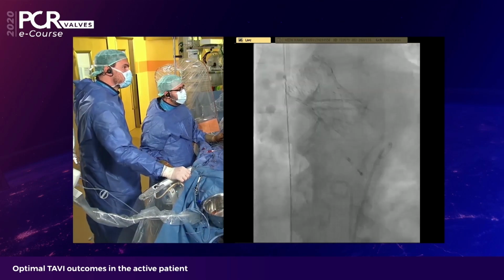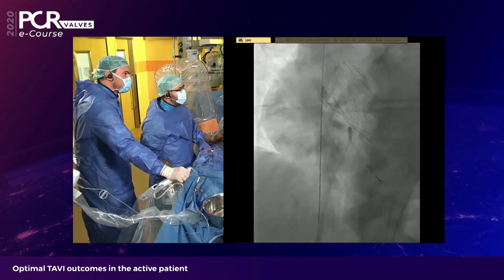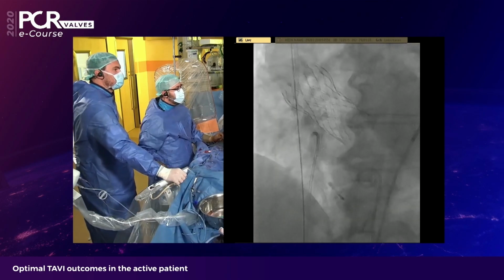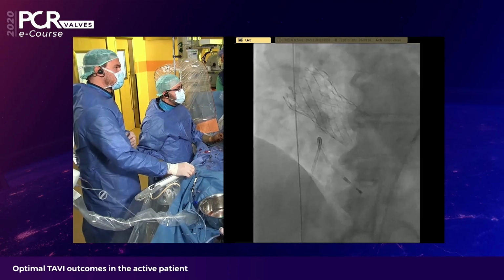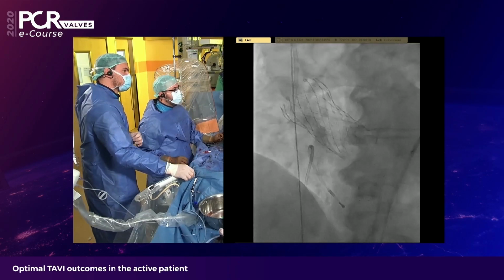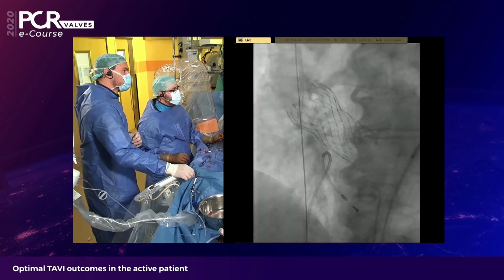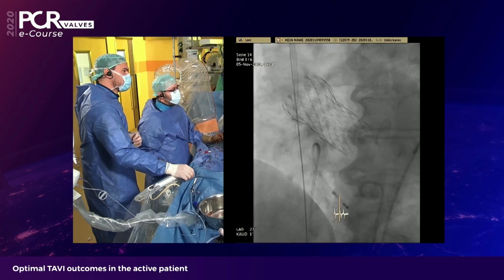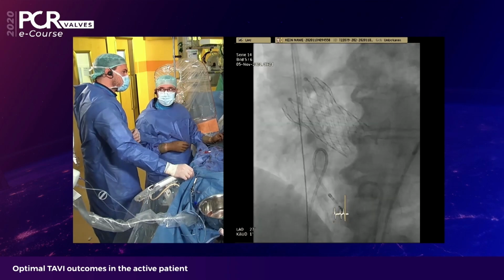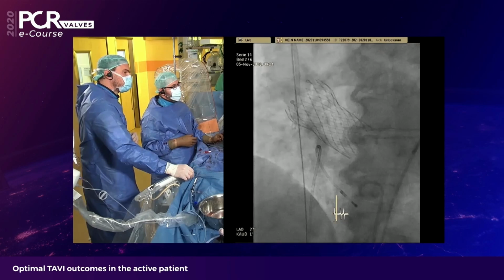If we go to the LAO view, you can also see here what has been shown in the study of Gilbert Tang, that we have the C-tab located at the inner curve, which is also something that gives you a feeling that you probably have commissural alignment. You can, of course, check this afterwards using echo or using CT.